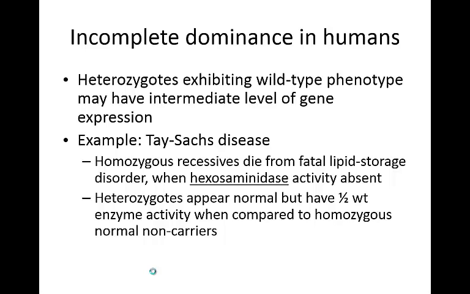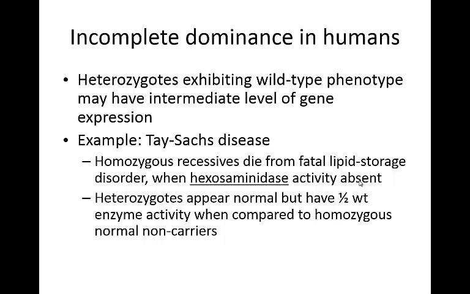There are examples of incomplete dominance in humans, and one of these would be Tay-Sachs disease. In this particular disease, if you're homozygous recessive, you might die from this fatal lipid storage disorder. There's an enzyme, hexosaminidase, whose activity is going to be absent.